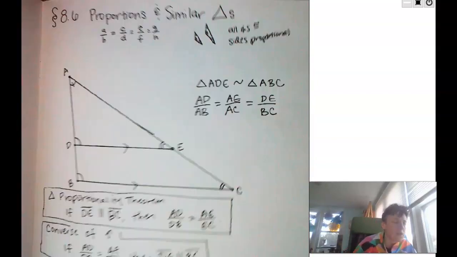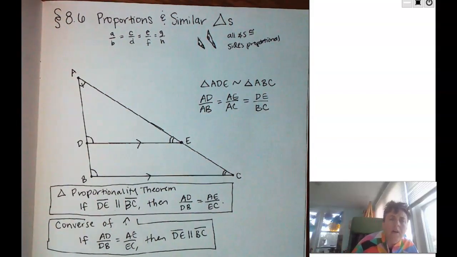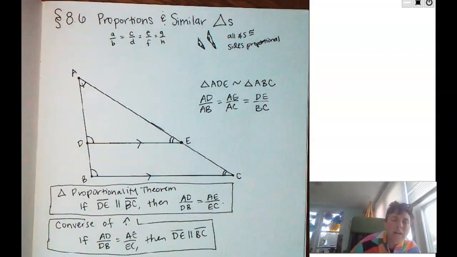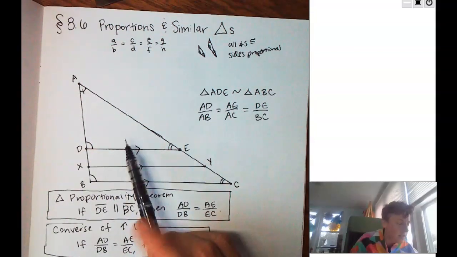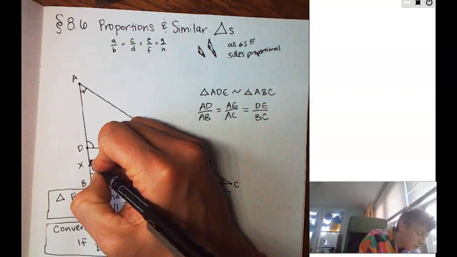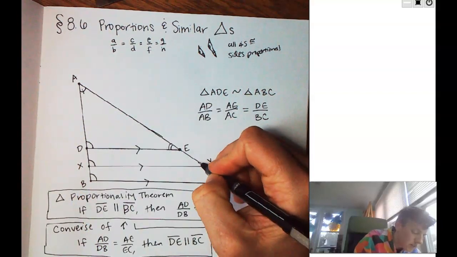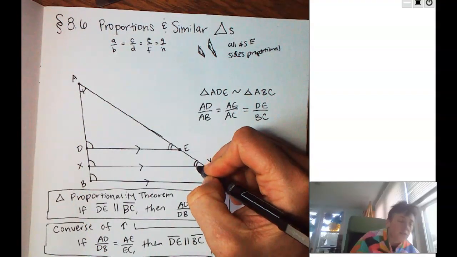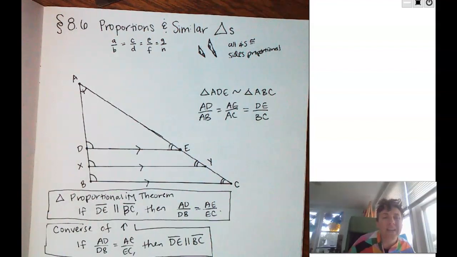Now let's go back to that triangle we had before. We could, in fact, add in a third parallel segment. Let's call it X, Y. And if that one's parallel, then its corresponding angles are also congruent. So we actually have 3 similar triangles kind of stacked on top of each other.